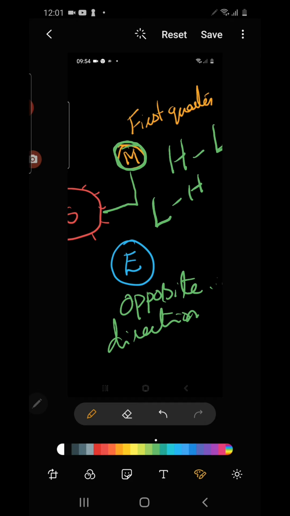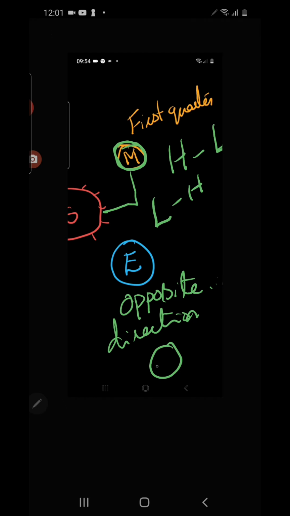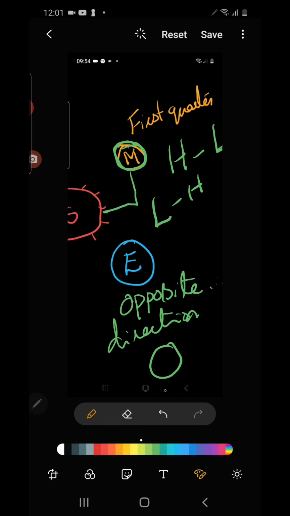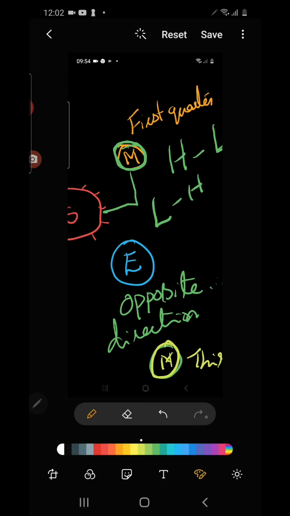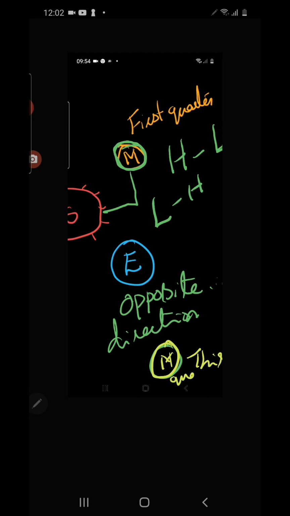Understood? So when the moon is in the first quarter, it happens in the last quarter also. When the moon comes to this position, we call it the third quarter, third quarter or last quarter, both are the same.